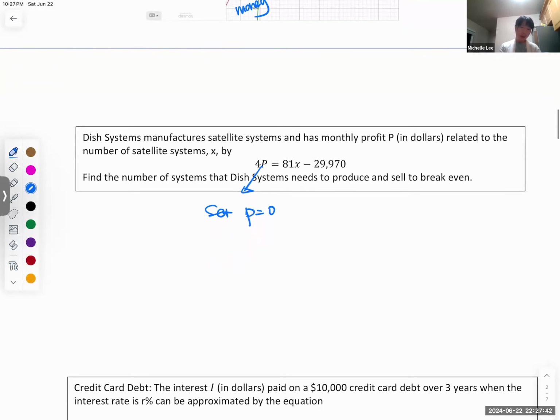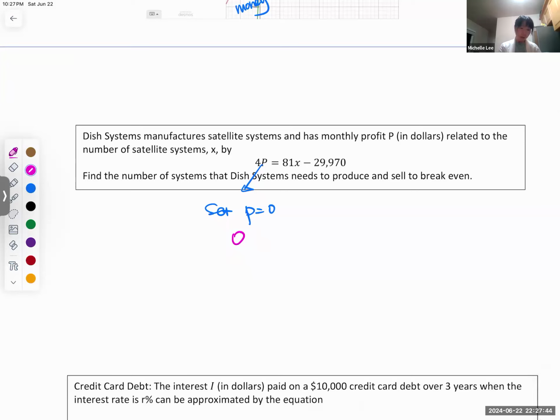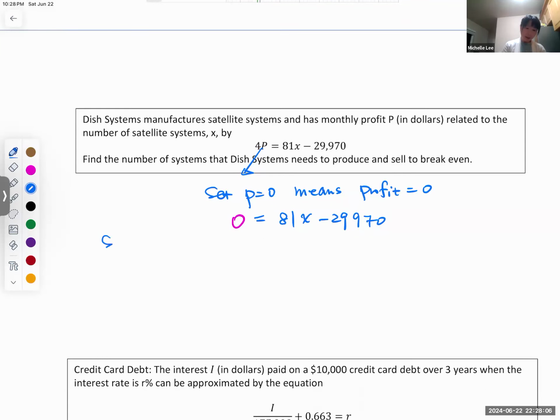Then left side we have 0 equal to 81x minus 29,970, right? So P equal to 0 means profit equal to 0, right? Okay, let's solve for x. So we have 29,970 equal to 81x. And we divide by 81 both sides.